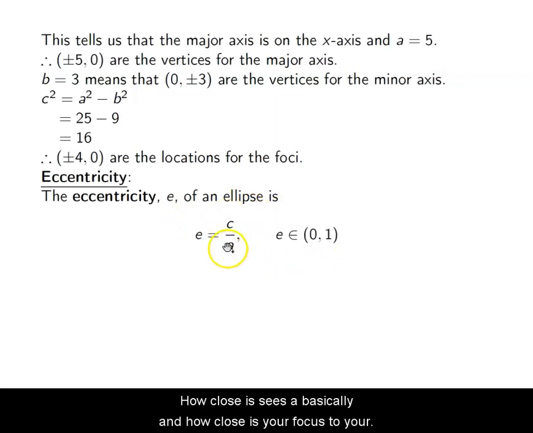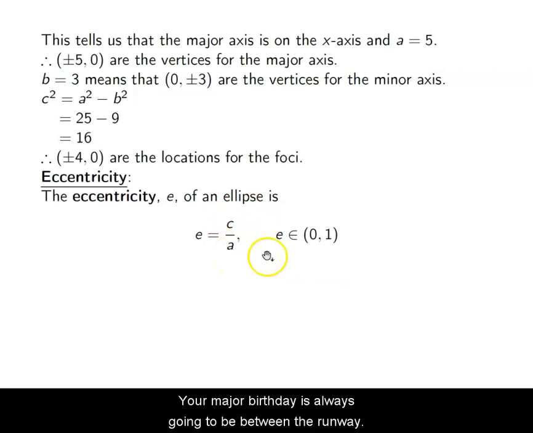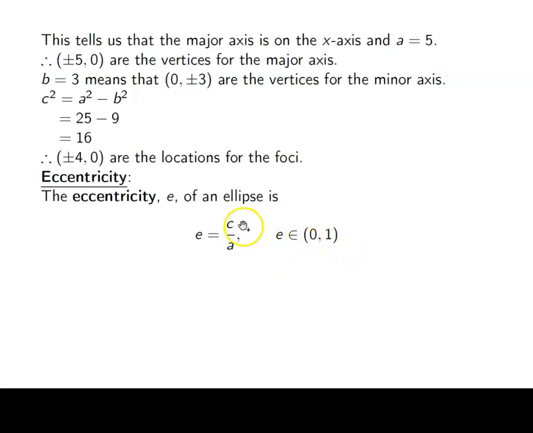Okay, how close is your focus to your major vertex? It's always going to be between 0 and 1, right? If your focus is at the same exact point that your major vertex is at, that's how we get 1, right? So when these things are equal, we'll get 1.